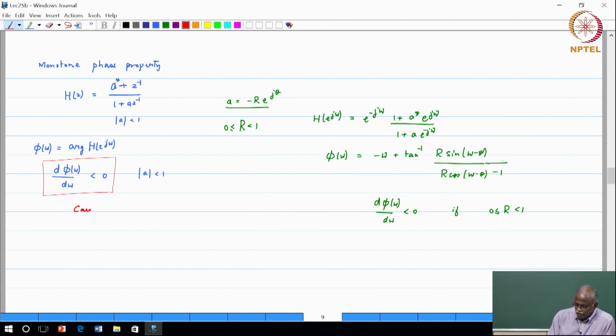I am assuming that these are properties that you can verify if needed and be able to use, for causal stable all pass. So, this more or less gives us a good framework for the all pass functions.